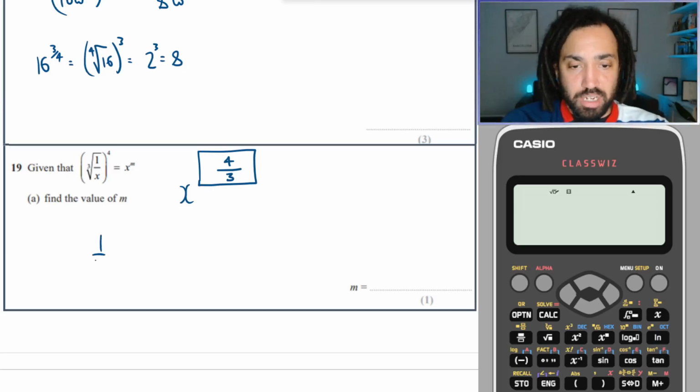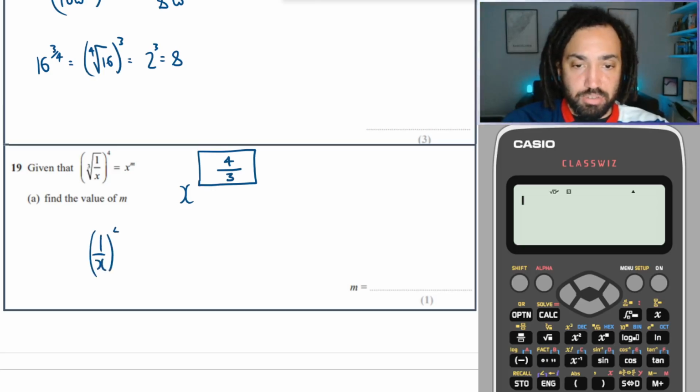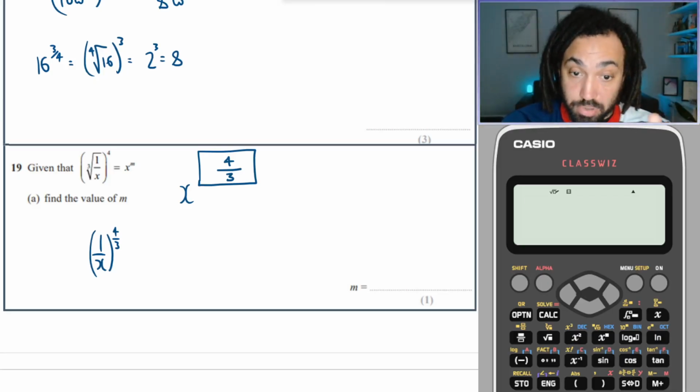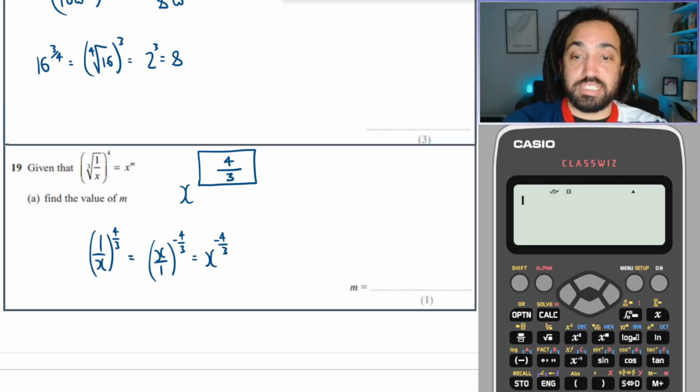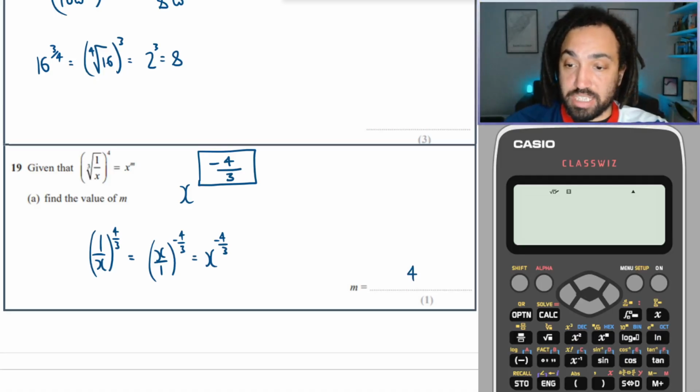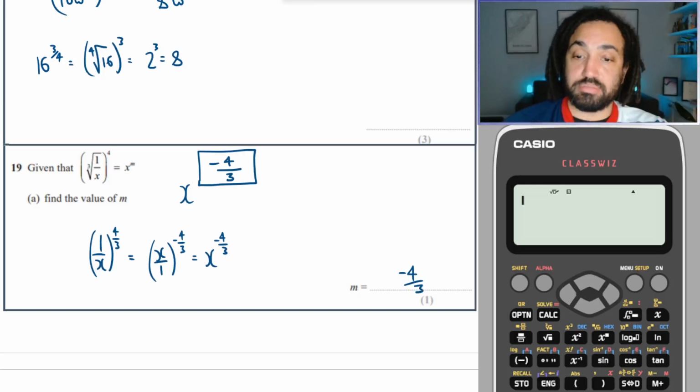Well, that would leave me with 1 over x to the power of 4 over 3, which is not exactly what we want. We just want the x to be x, not 1 over x. So that is the reciprocal, so we need to flip it over, and to flip it over, we change the sign to a negative. So this gives me x to the minus 4 over 3. And that's exactly what m is. It's minus 4 over 3.